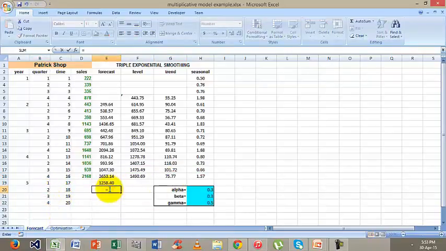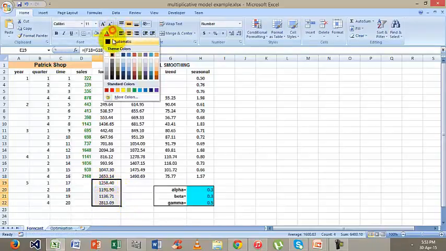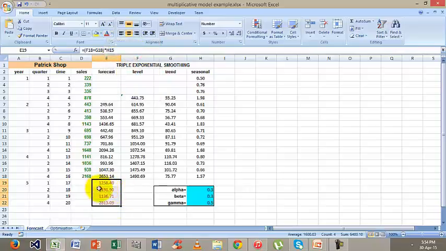So this will give us level plus trend multiplied by the quarterly value, multiplied by its seasonal data. Here we fix level and we fix trend, and then we drag this. So this is our forecasted sales.